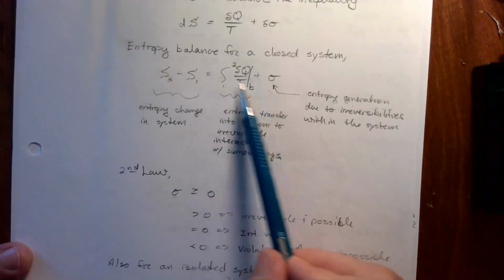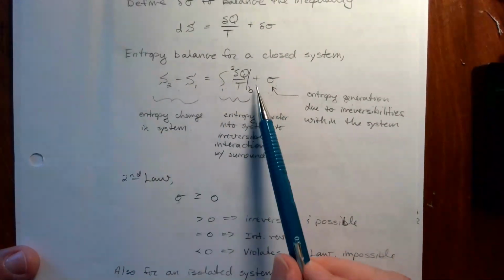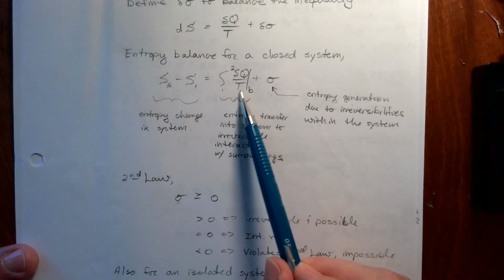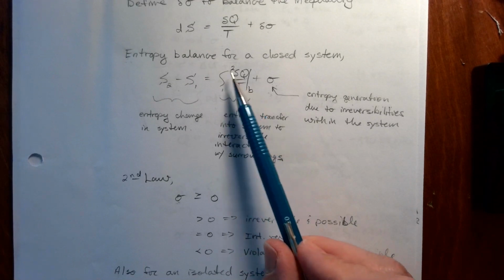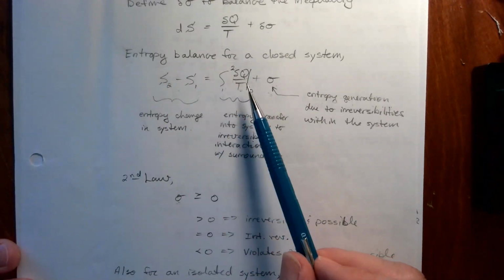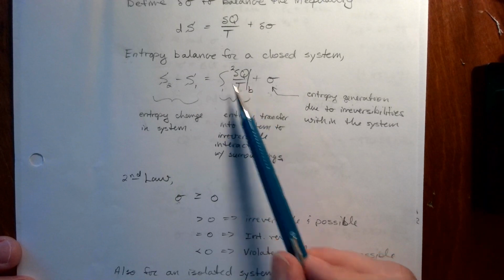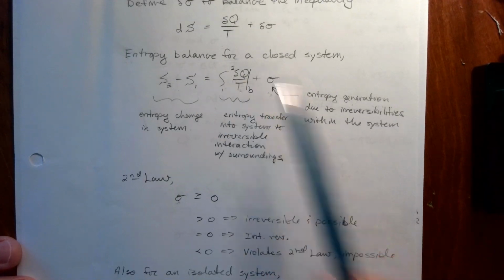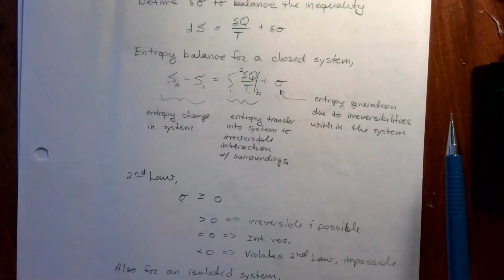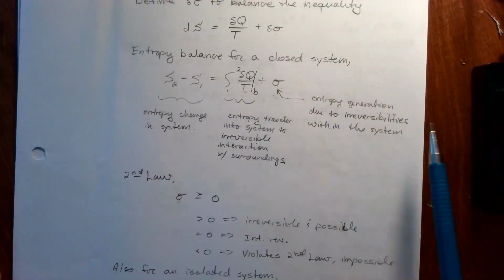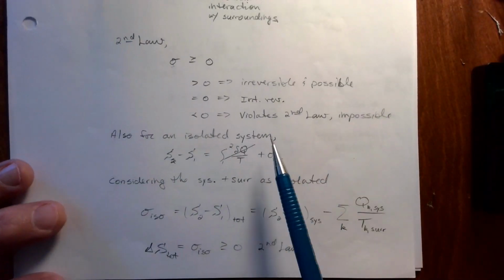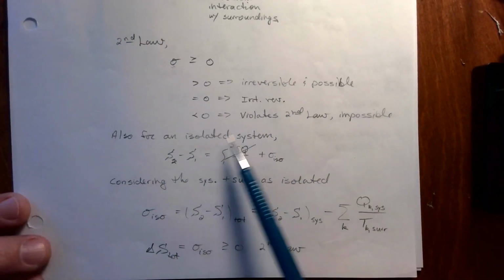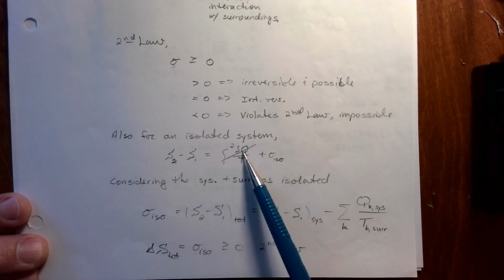Okay, so to use this equation in this form, we need to know something about the temperature of the system, and in particular at the boundary. So we have to have some means to evaluate this. To help alleviate that, because we can't always evaluate this, what we can do is apply this concept to an isolated system. If it's an isolated system, then there is no heat transfer.